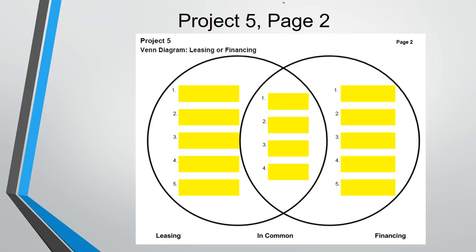How a Venn diagram works is the two uncommon areas, here and here, are what you would write for the differences. Where the two circles overlap, inside here, that's what they have in common. So take a look, that says in common. The left side is going to say leasing, the right side is going to say financing.